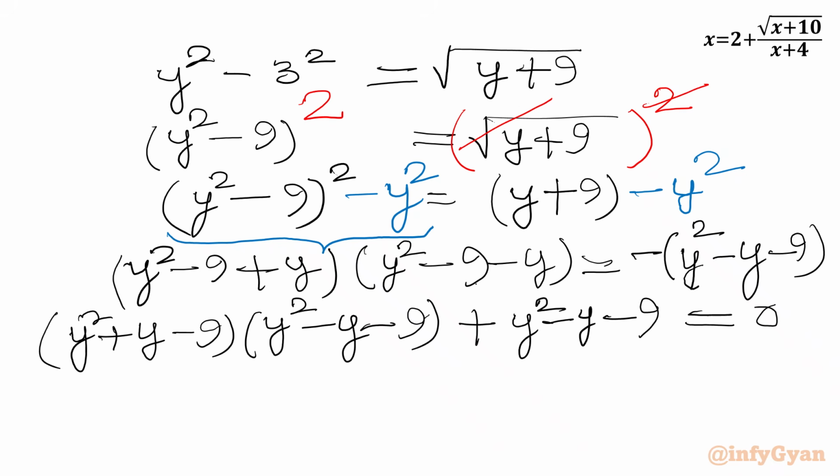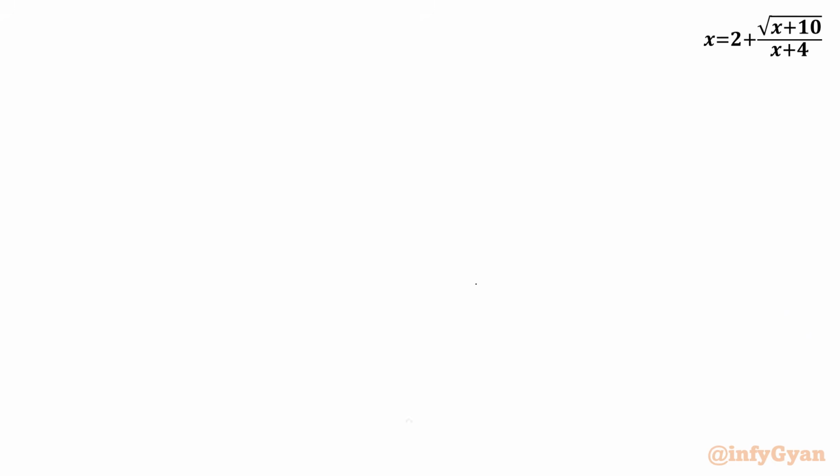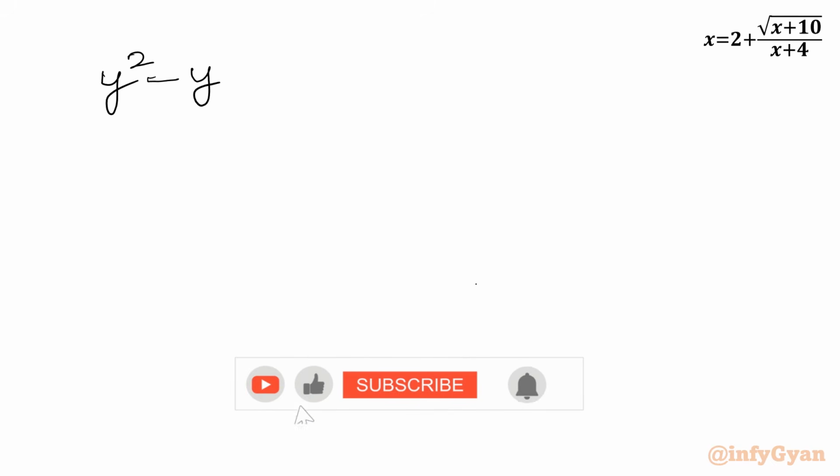Now y square minus y minus 9 is overall common. So we will write y square minus y minus 9 common. In other bracket we will write y square plus y minus 9 plus 1 equal to 0. Now we have factors ready. Let me write here y square minus y minus 9.